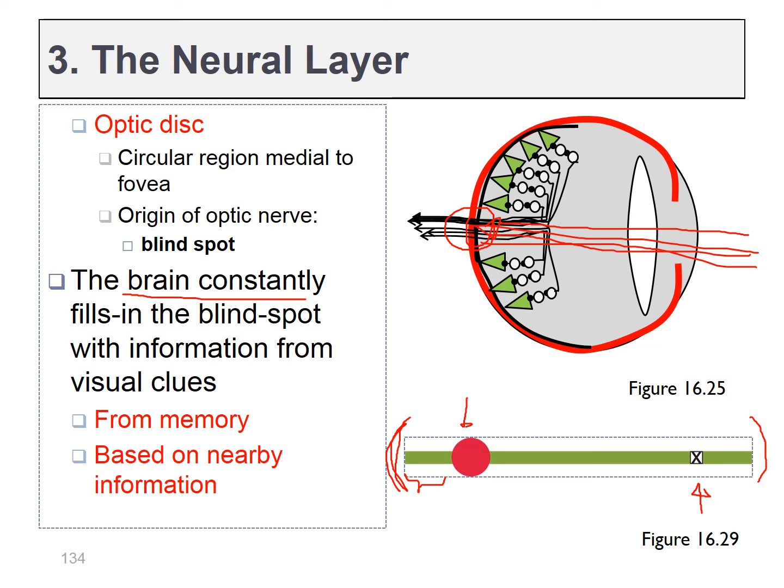It'll see that there's a green line to the left of it, hitting somewhere over here, and a green line to the right of it, hitting somewhere over here, and it'll just assume that that green line is the same green line. So at some point, this red spot will disappear if you're moving this closer to your face, and instead, it'll appear as one solid green line.